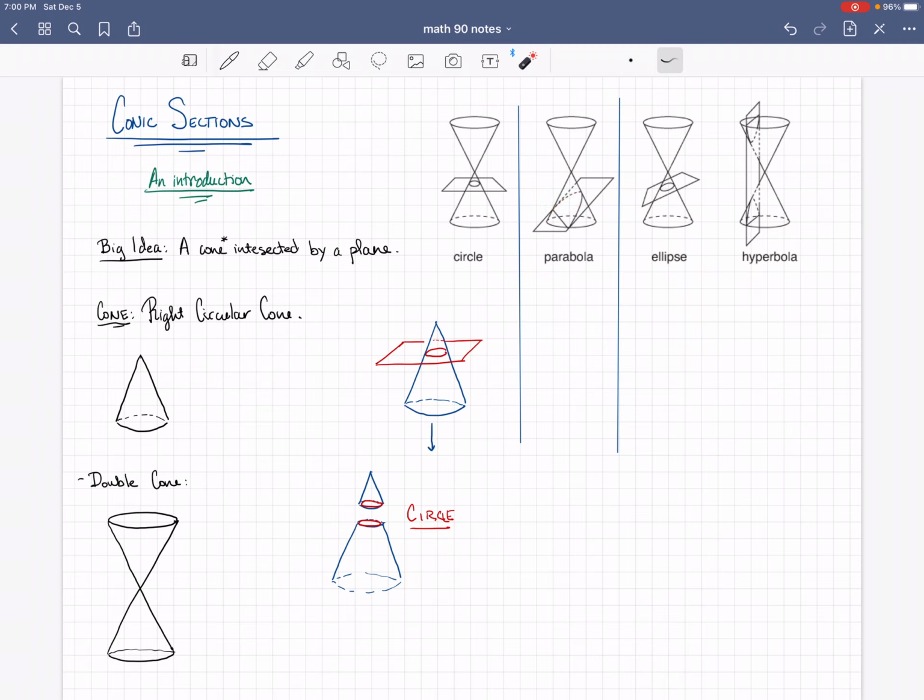Now, you might be thinking to yourself, wait a minute, we had a whole section on parabolas earlier. And you would be right, except that in our unit on parabolas, we were talking about them in the context of quadratic functions. So when you have quadratic functions, right, we draw them like so.